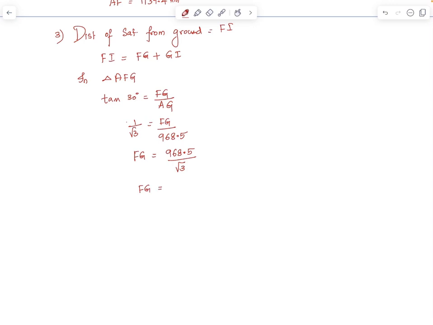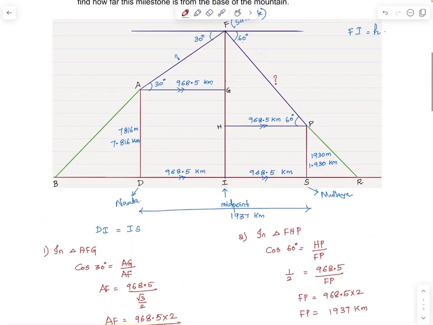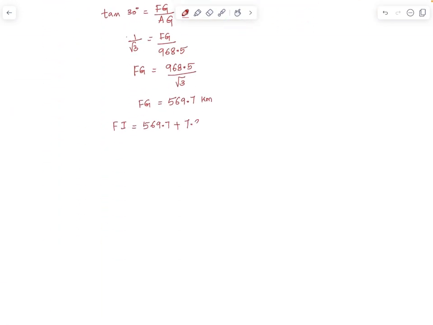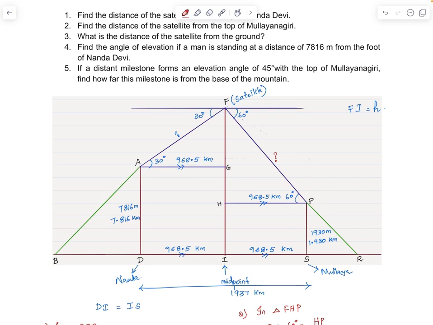On substituting 1.7 for root 3, we get the answer as 569.7 kilometers. So FI is equal to 569.7 plus GI, which is nothing but AD. AD is 7.816 kilometer, which gives us 577.52 kilometer.